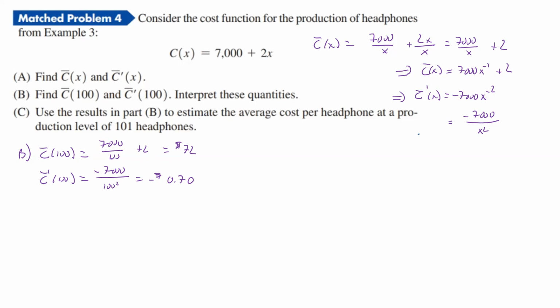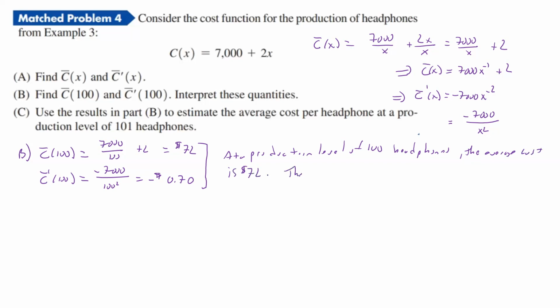Now, what do these mean? Let's write out the whole thing here. Basically, at a production level of 100 headphones, the average cost per headphone is $72, and the cost is decreasing, because of the negative, at a rate of 70 cents per headphone. So let's write that down. At a production level of 100 headphones, the average cost is $72.